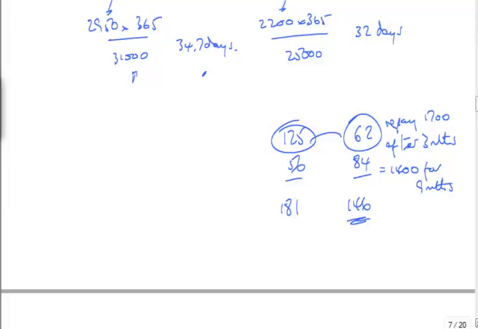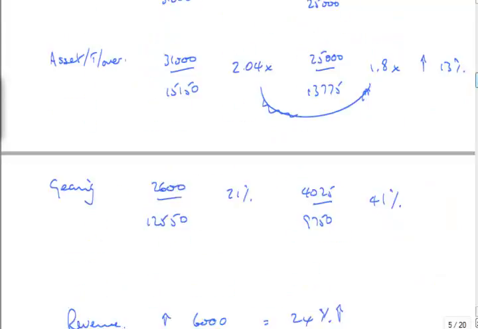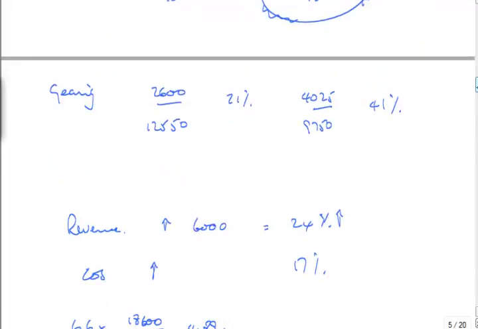Gearing, 2.6, where's my gearing? 2.6 over 12,550. Even if I include 16,650, 15,150. What have I done there? 12,550, that's over equity.